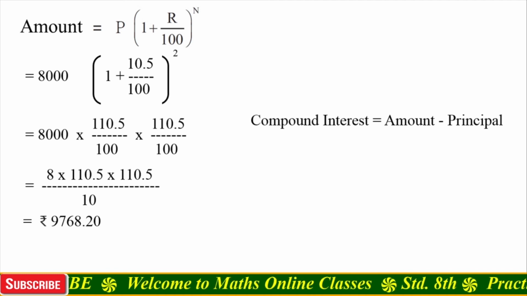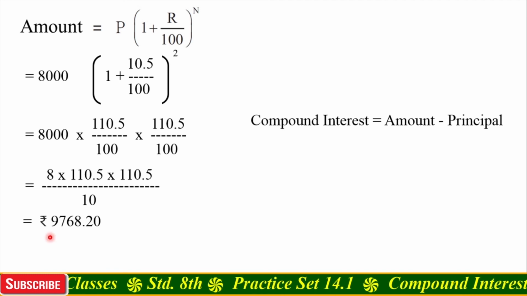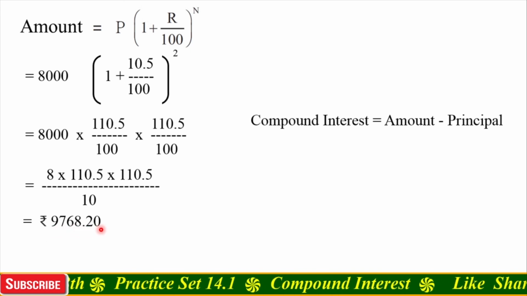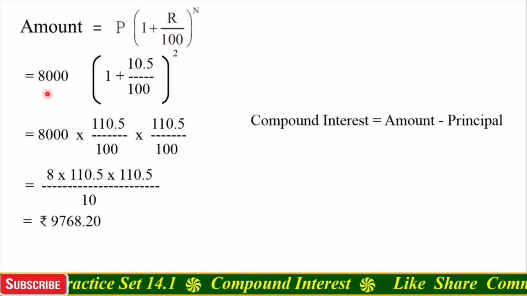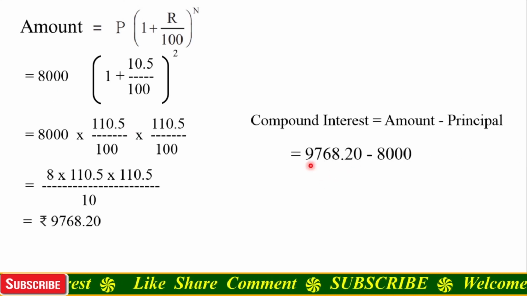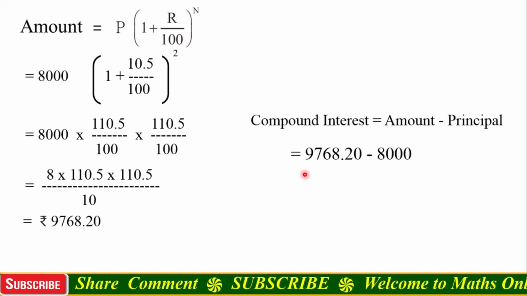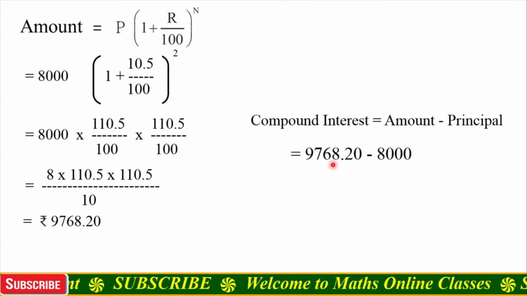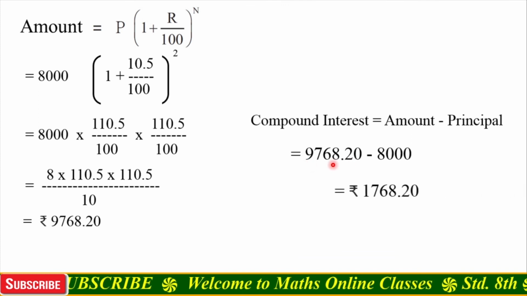Compound interest is equal to amount minus principal. Amount is 9,768.20 and principal is 8,000. So I have taken these two values for subtraction. When we subtract 8 from 9, we get 1. Remaining all the digits will appear same.